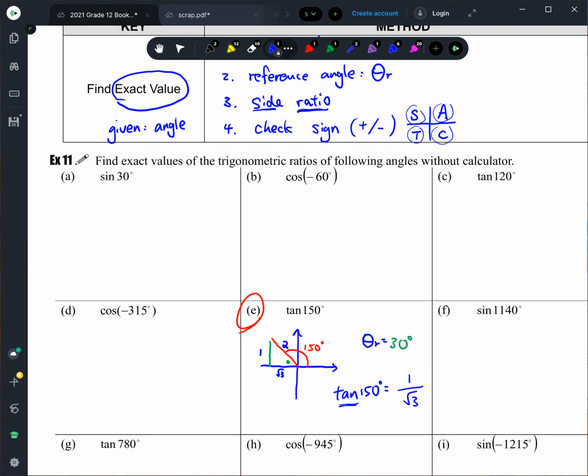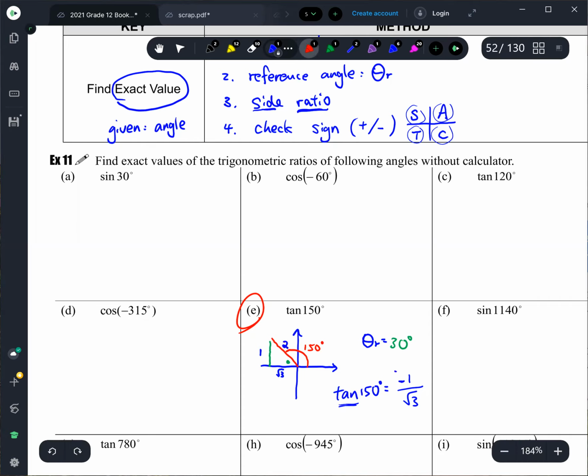All right, Philip, positive or negative? Negative. Yes, very good. Who is positive in the second quadrant? Callum? Sine and cosecant. Very good. So everyone else will be negative. Only sine and cosecant are positive. So we know we need to add a negative sign to your ratio. So this is your final answer.